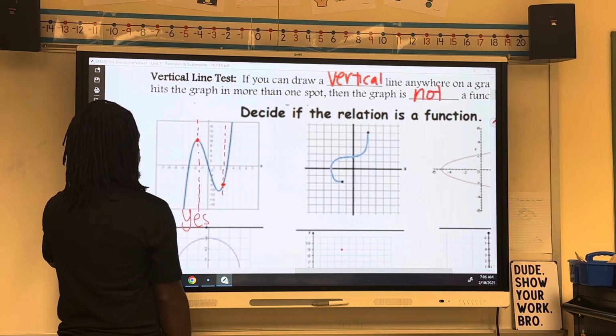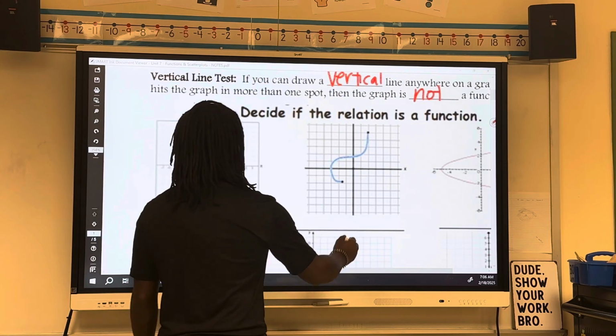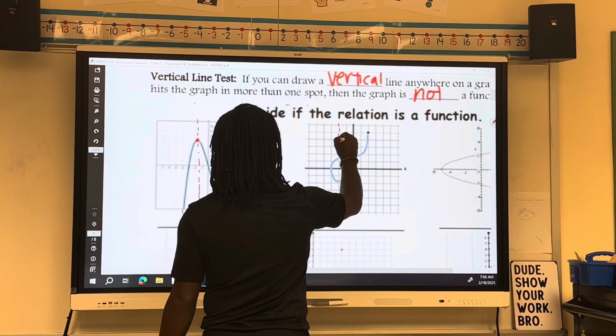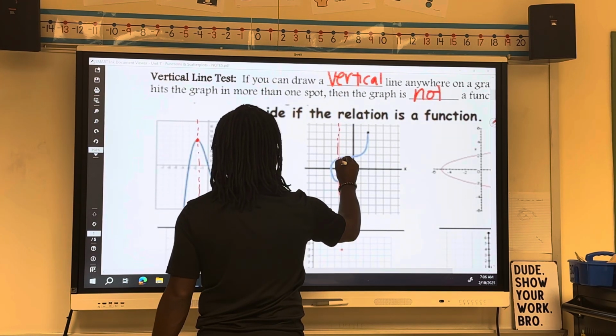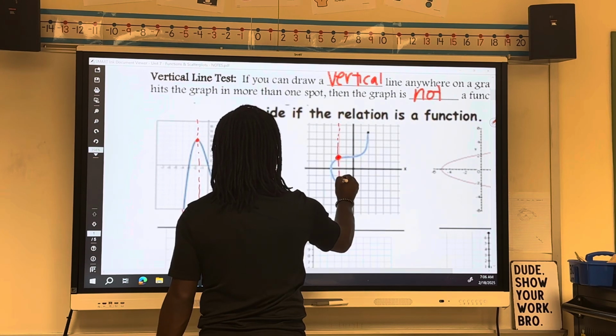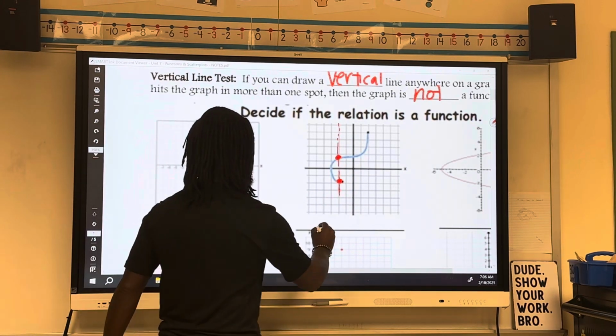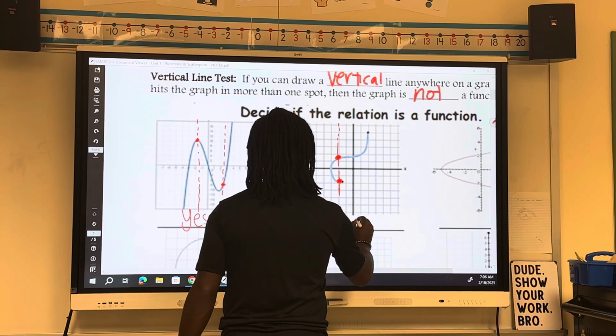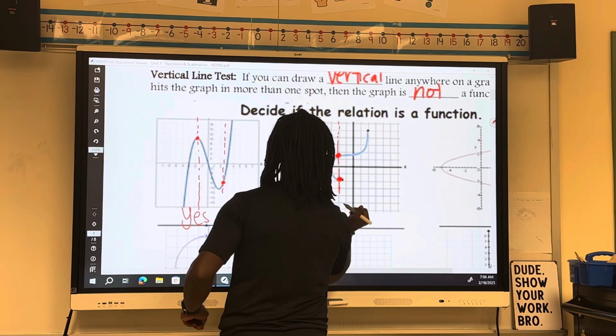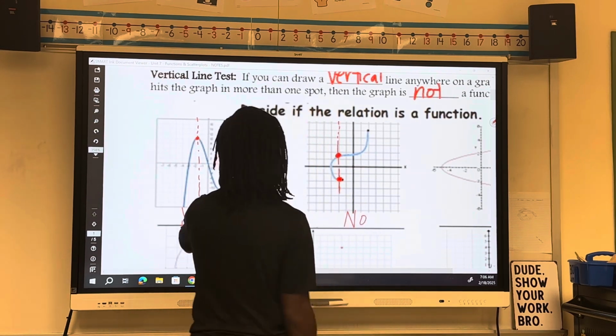Okay, now in this case, if I draw this straight line, you see this hits my graph at two spots. So this is not a function. Just say no.